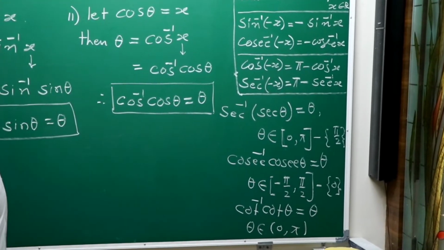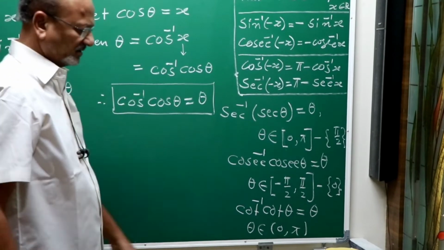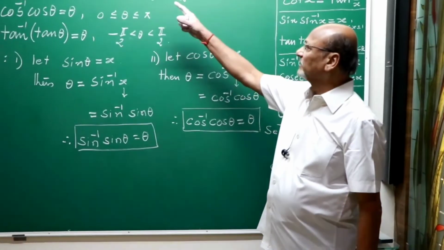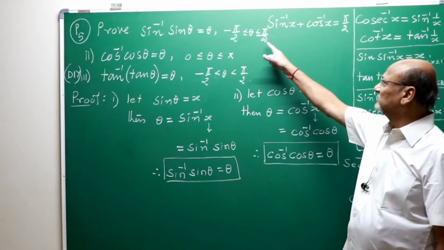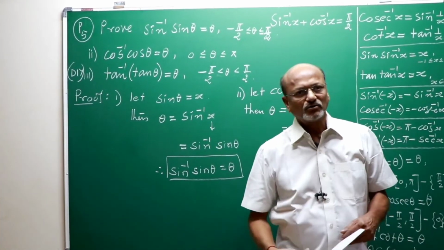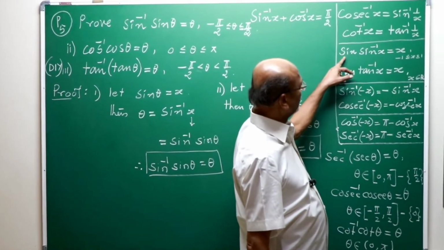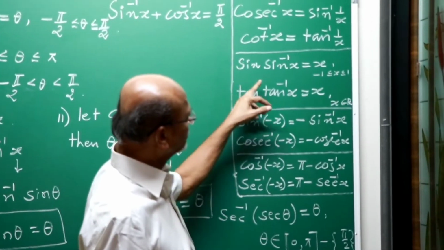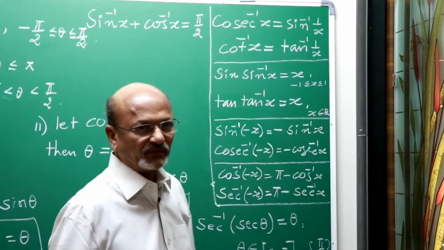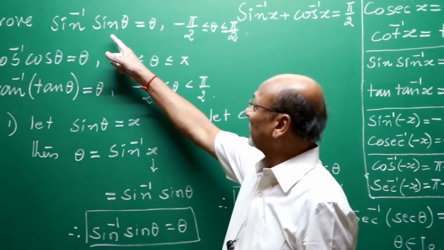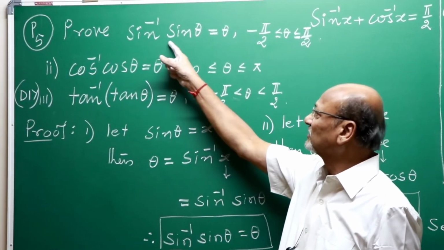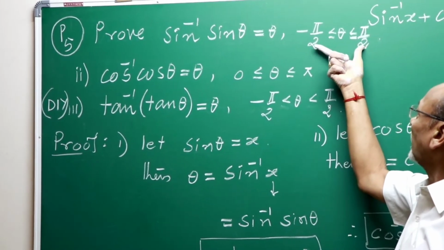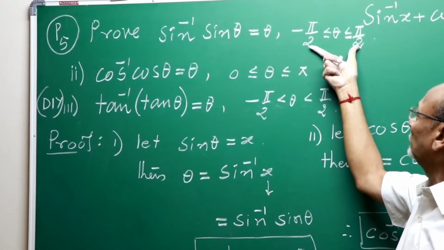Yes, my friends. This is another property. Sine inverse of sine theta, theta comes here. Parallel to this, we have done already: sine of sine inverse x is x, cos of cos inverse x is x. In this case, it is sine theta here. Sine inverse of sine theta is the angle theta, if the angle lies between minus 90 and plus 90.